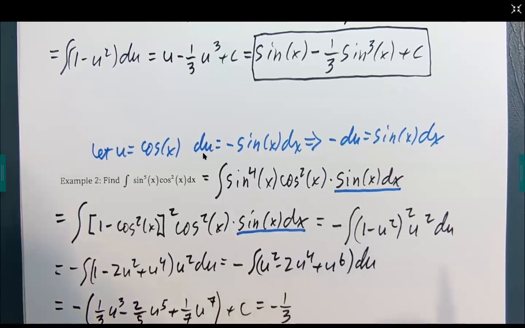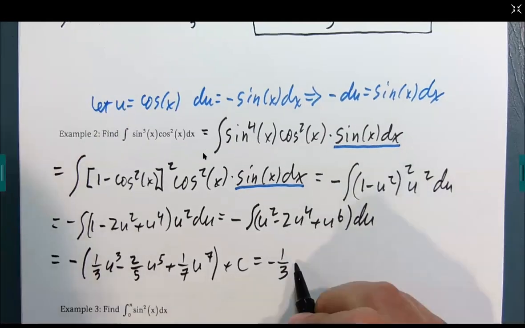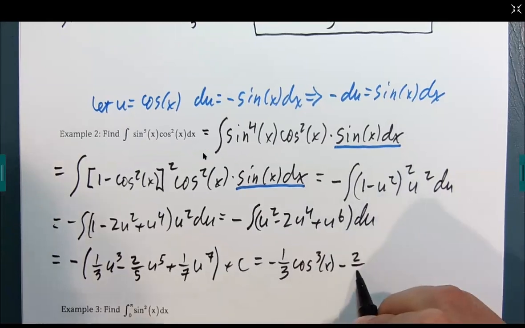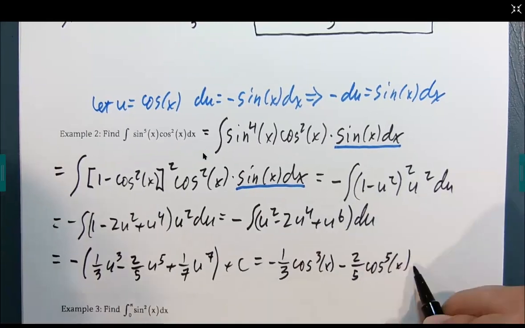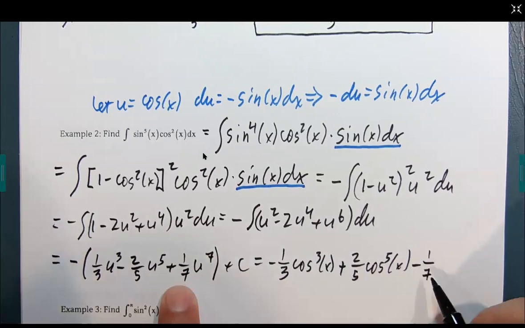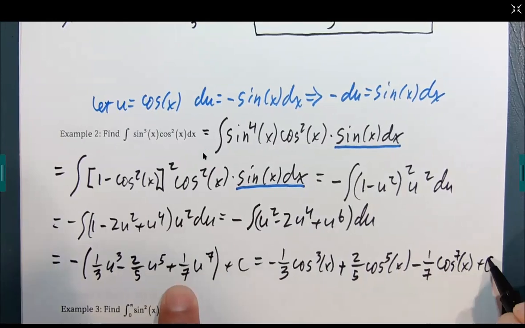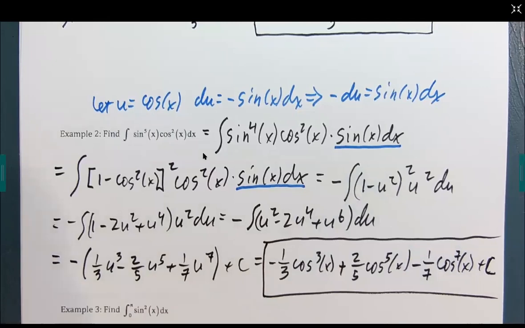Remember, u is cosine. Actually, all the signs are going to change because I distributed the negative. So minus 1/7 cosine 7th x, and don't forget, of course, plus c. So you can see that the algebra is getting a little more intense.